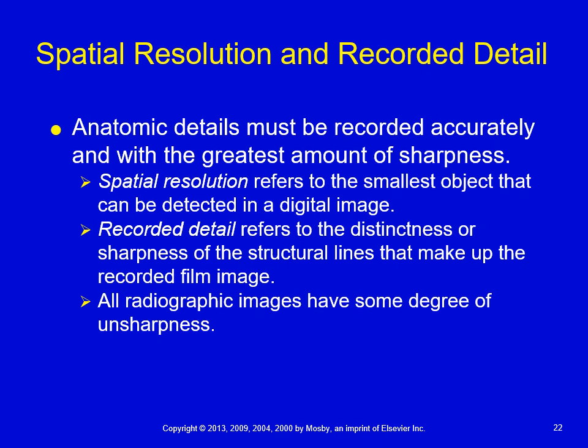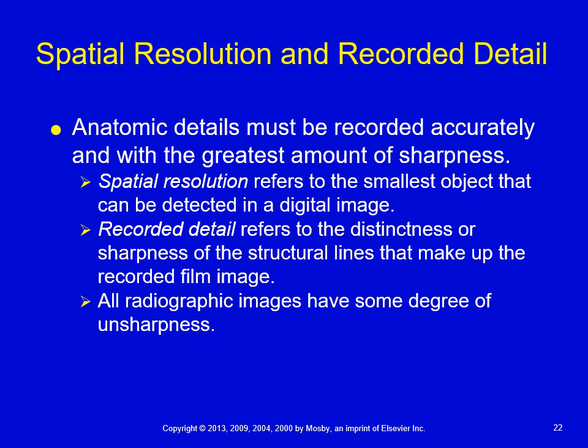Now, recorded detail is somewhat similar to that. It's referring to how clearly and how sharply the edges of the anatomy that you're recording appear on that image. So think about the edges of a bone. If those edges are nice and crisp and we can see the details of it, versus if the edges look a little bit fuzzy and blurry.